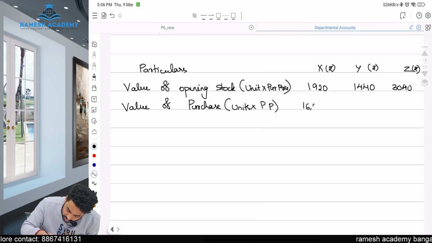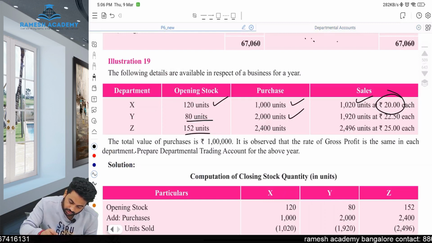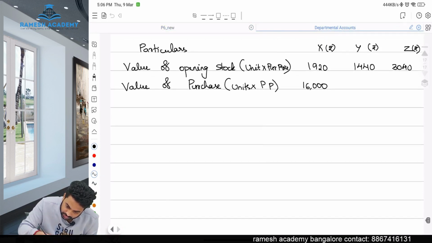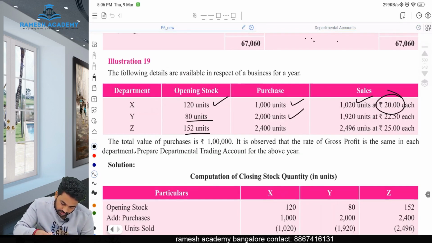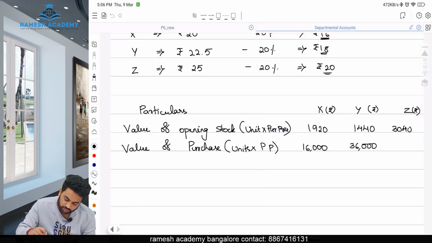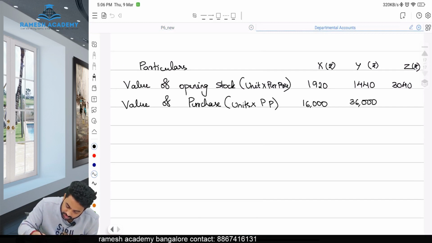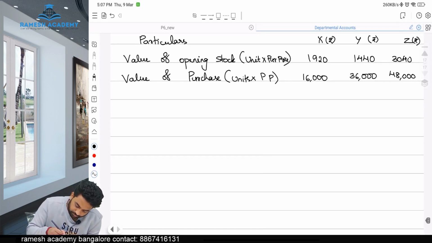Okay, sir. 16,000 in X. Next, how many units were purchased in Y? 2,000 units. 2,000 into per unit 18 is basically 36,000. How many units were purchased in Z? 2,400. 2,400 into 20, we will get 48,000. Done, sir.